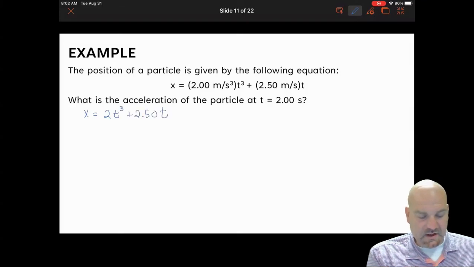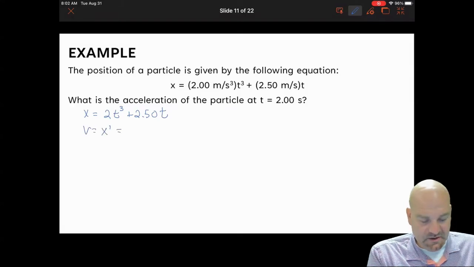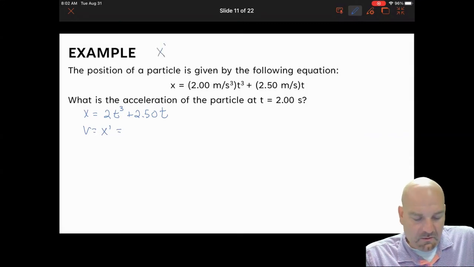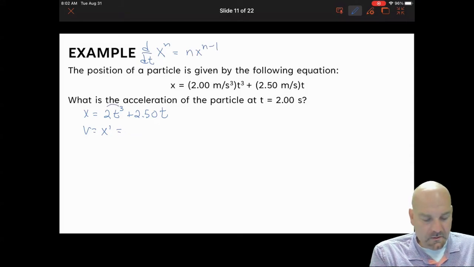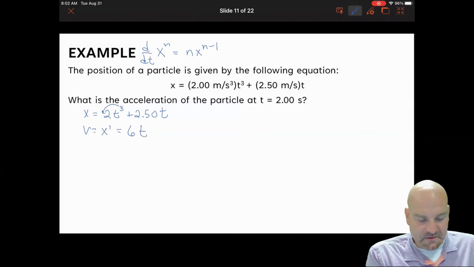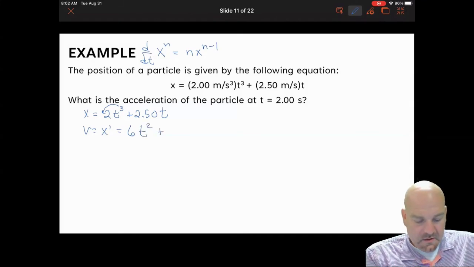We know velocity is the first derivative of position. So again, use the power rule: the derivative of x to the n is n times x to the n minus 1. I'm going to bring this 3 down and multiply it by 2, which gives me 6, and then 3 minus 1 gives t squared.